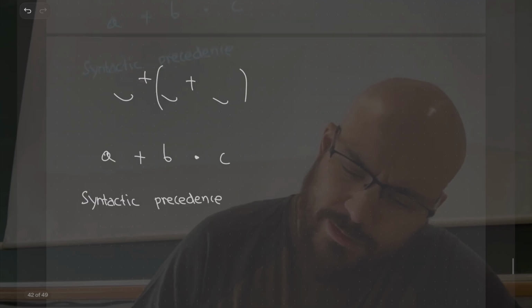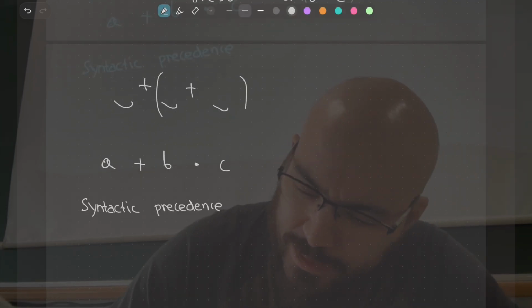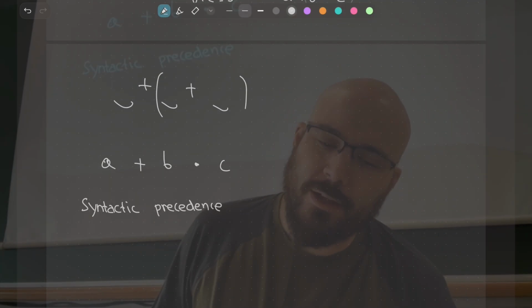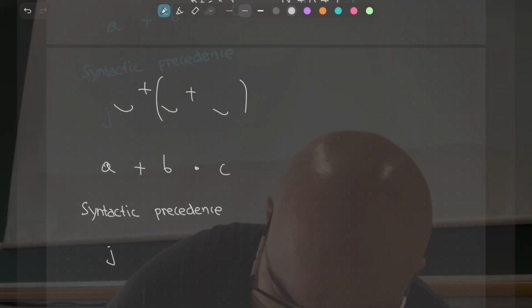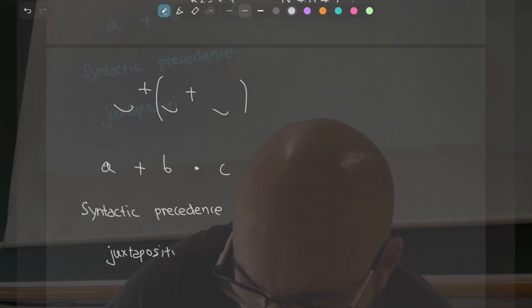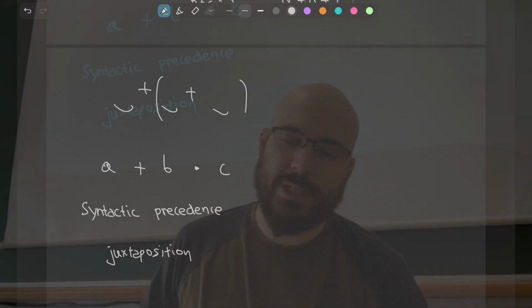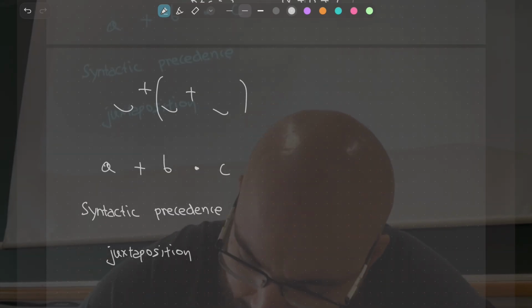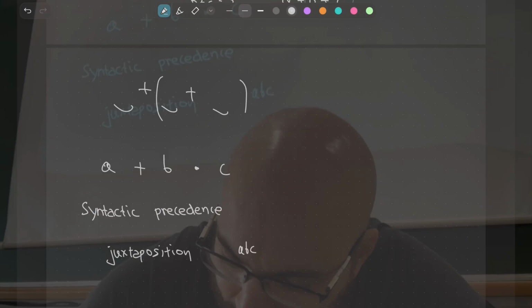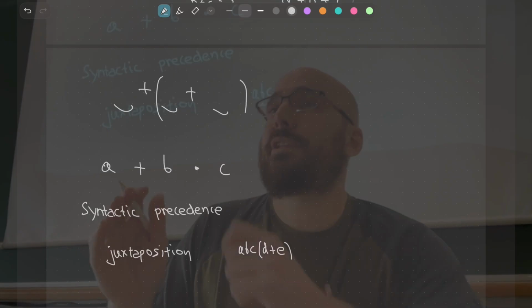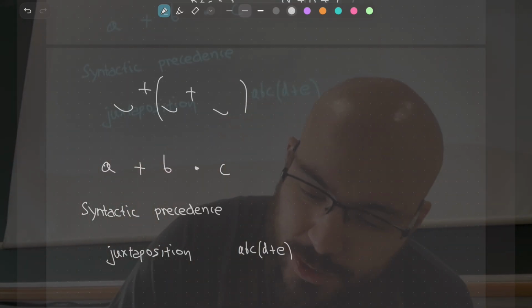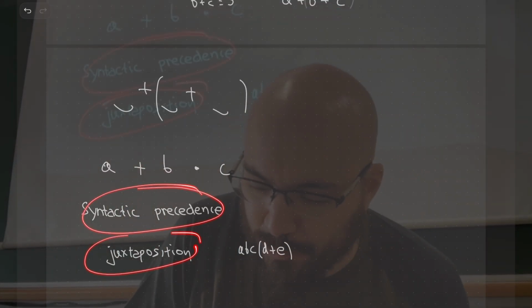One final convention is if you have a default binary operation that you just denote by juxtaposition. For example, in the integers, if I write something like this, A, B, C, D plus E, with juxtaposition, the default operation will be multiplication, so using all those things in my example, I know how to interpret this.